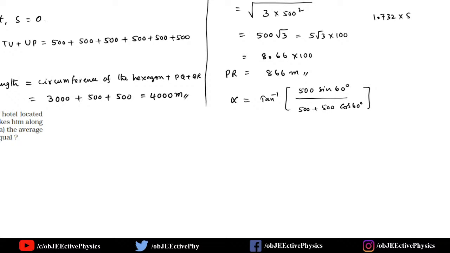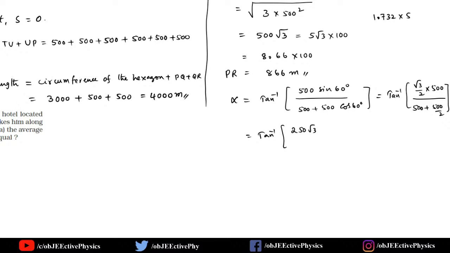So that is tan inverse of, sin 60 is equal to root 3 by 2, so root 3 by 2 into 500 divided by 500 plus 500 by 2, since cos 60 is equal to 1 by 2.